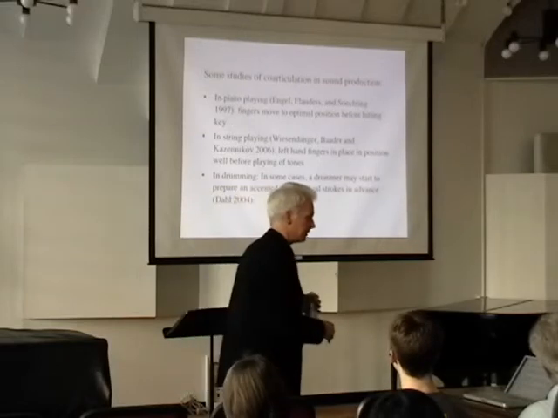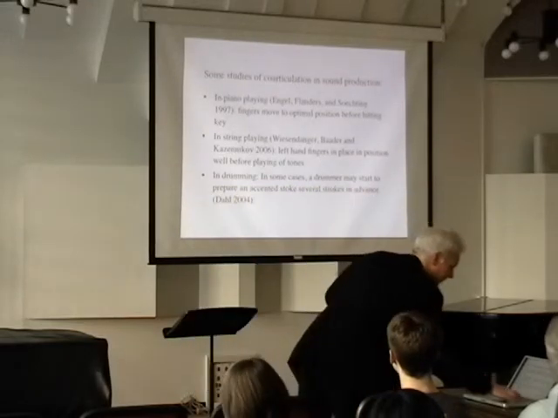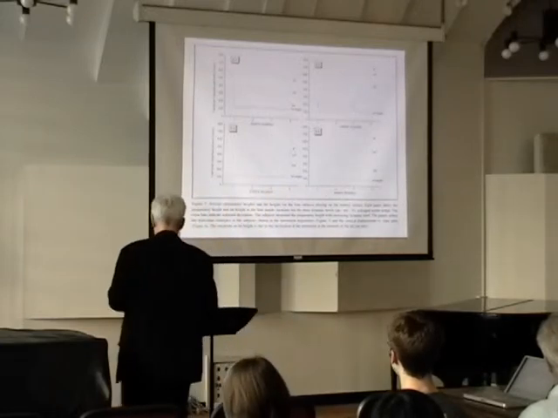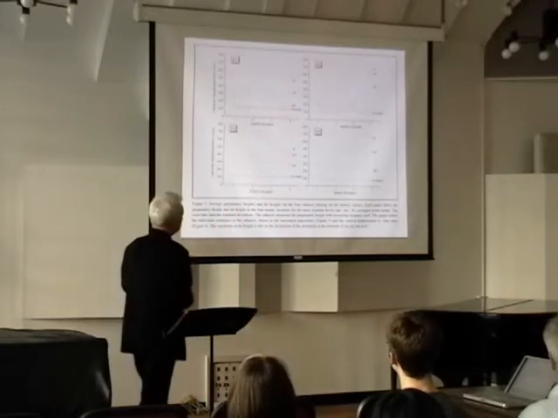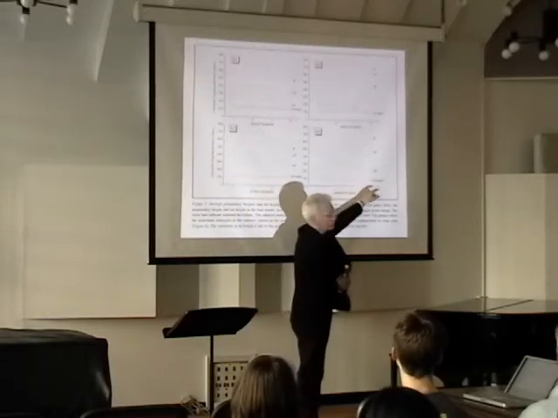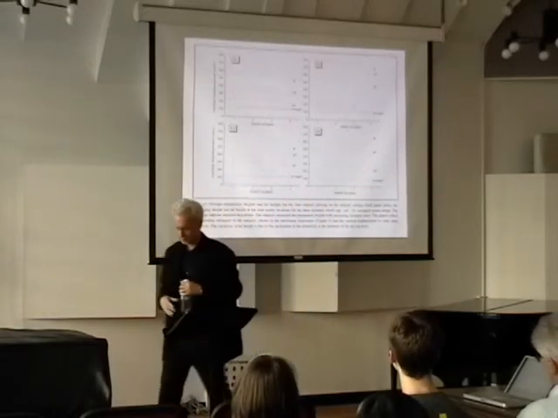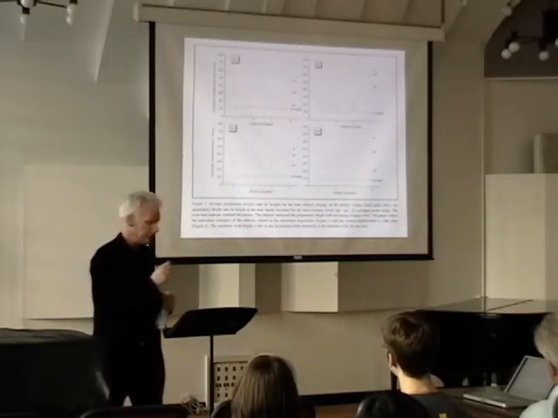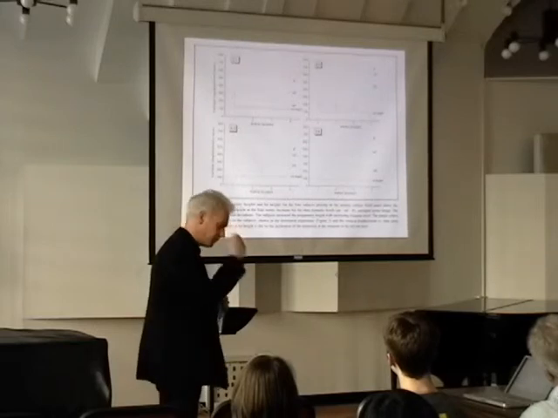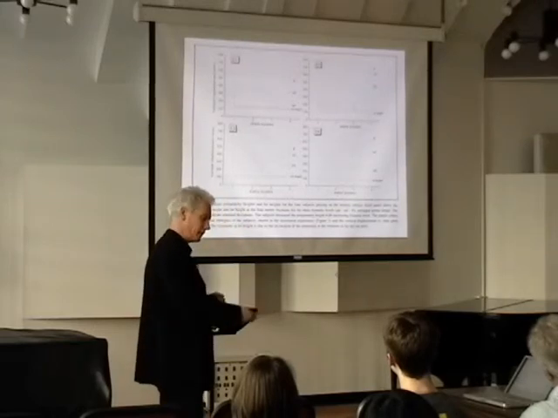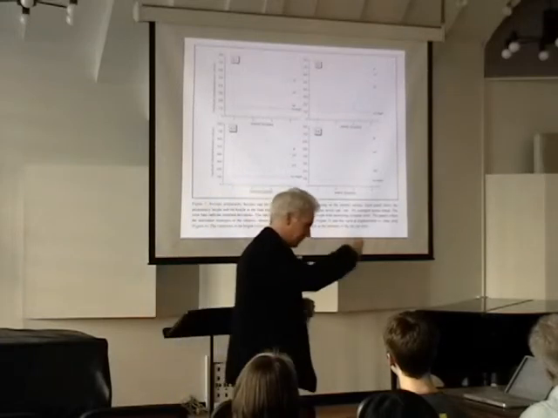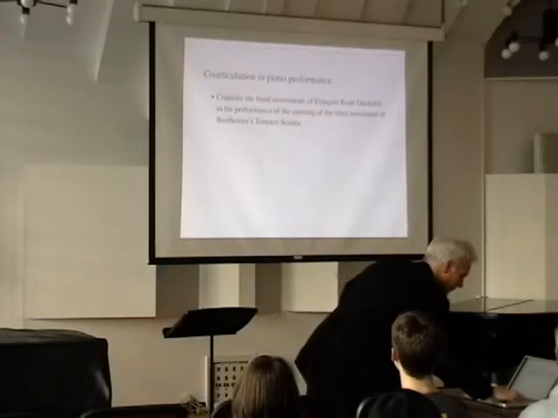A very interesting study is the one by Sophia Dahl on drumming, where she shows that this actually varies quite a bit, but in some cases, some drummers start to prepare an accented stroke way before actually hitting. So this is a study of drummers hitting 1, 2, 3, 4, and 1, 2, 3, 4. And it shows that some start already 3 hits before to prepare the downbeat.